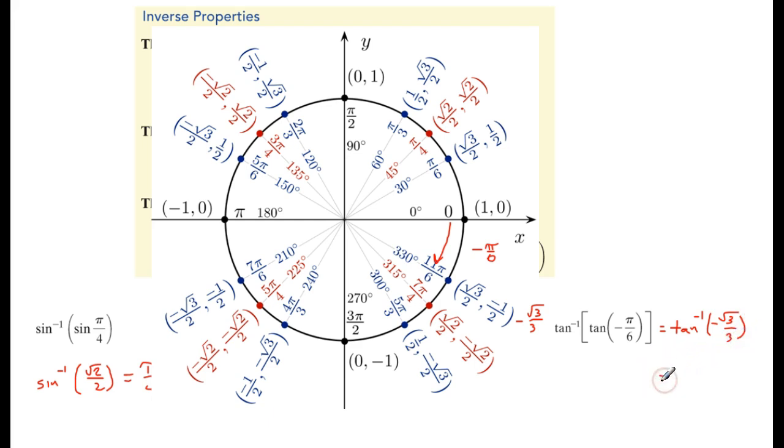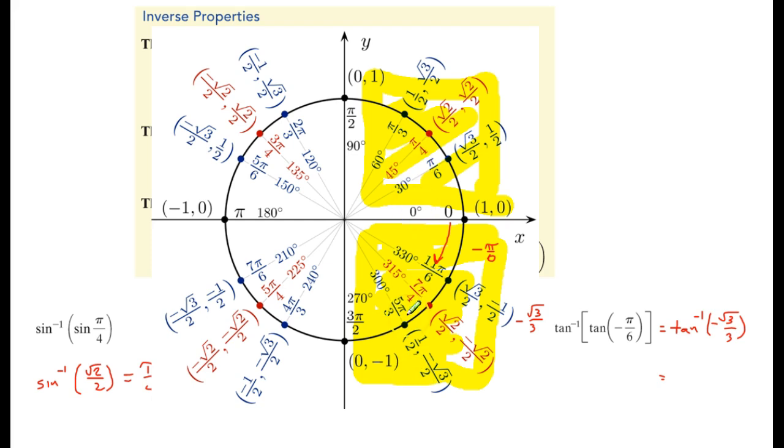Alright, and then because we're dealing with arctangent, we're restricted to quadrants 1 and 4. This is the only place that we can end up because of the redefinition of the domain of tangent to be able to create an arctangent function.